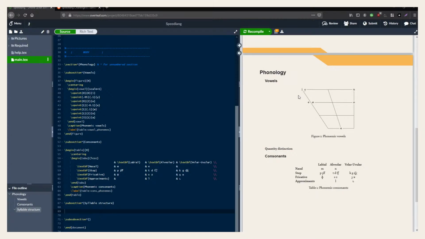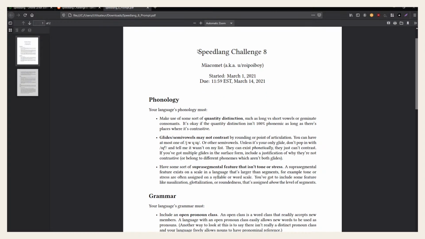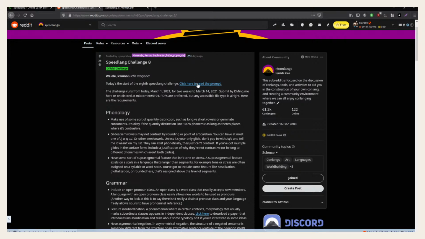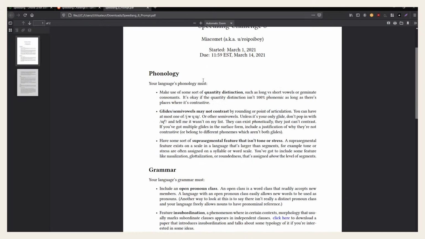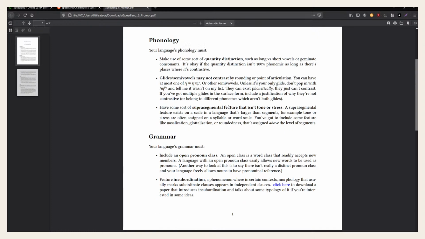So, for instance, can I just have this? For instance, this one that Maya Comet put in the post here, click here to read the prompts, that leads you to download the PDF, that's just this, and it's using LaTeX for making that.